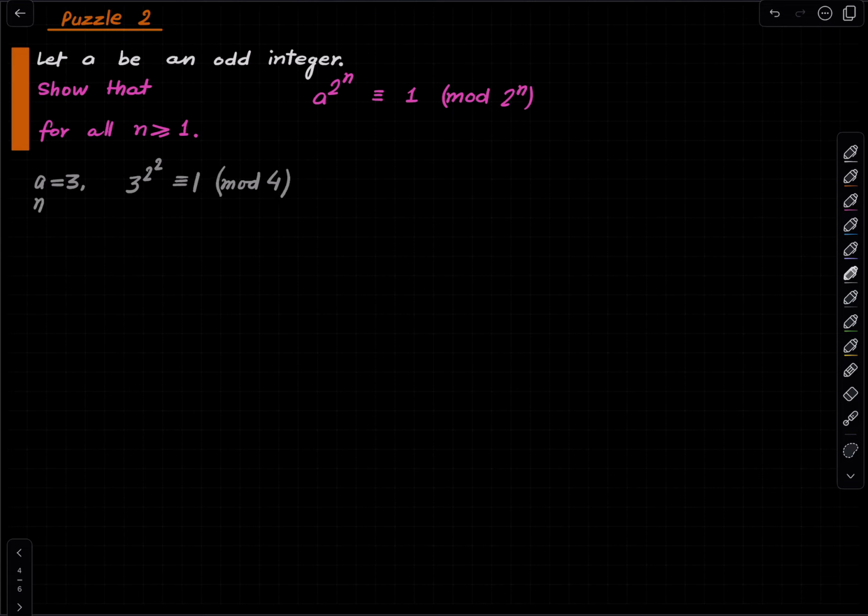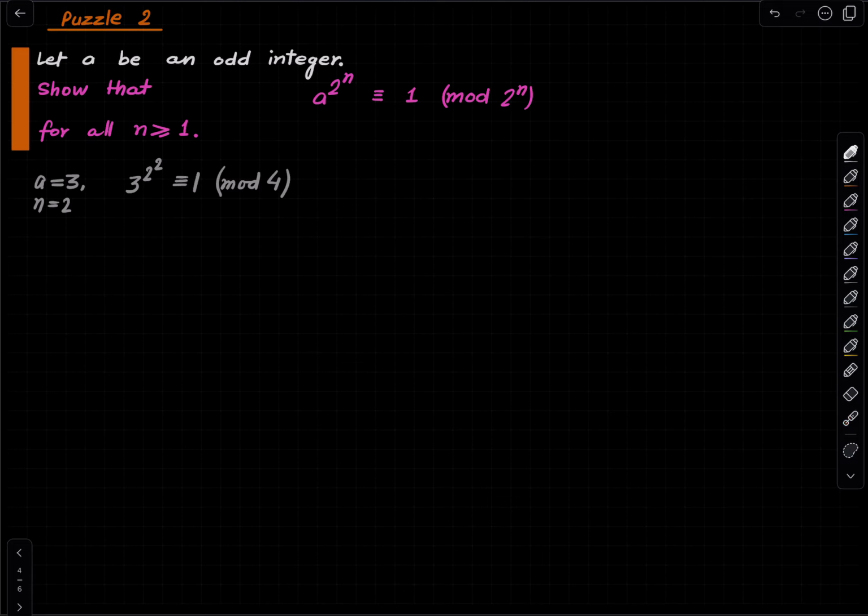So n has been chosen to be 2 and a has been chosen to be 3. So we are just trying to verify that this is true. And of course, 3 to the power 4 is 81. 81 is congruent to 1 mod 4 because 80 is divisible by 4. So this is true, and similarly you can check for more values to be convinced. And I encourage you to pause the video and try to solve this for yourself.